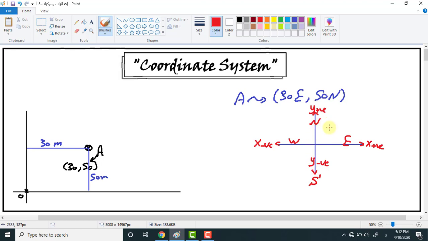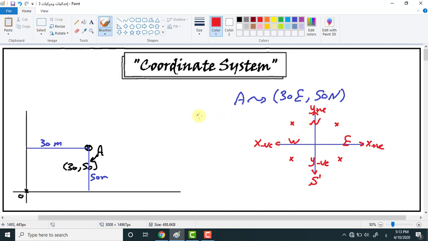So if point A is located here, for example 30 east and 50 north; if point A is located here, for example 32 east and 52 south; if point A is located here, for example 30 to the west and 52 south; and finally if point A is located here, we call it 30 to the west and 50 to the north.